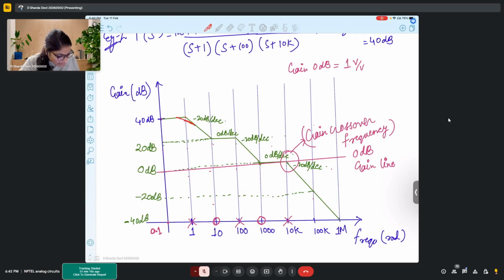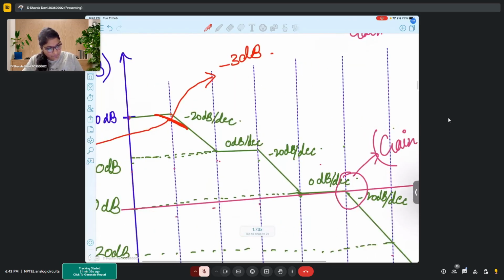You will see this transition. So this corresponds to the actual frequency response, and this value is minus 3 dBs.